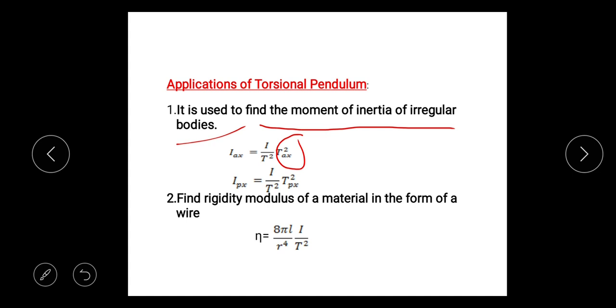The second one is the same, perpendicular to the plane: I/T² multiplied by T²_px, where T²_px is the period of oscillation of the irregular body perpendicular to the plane. So this is one of the applications.